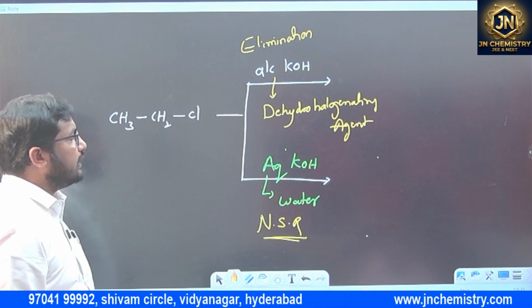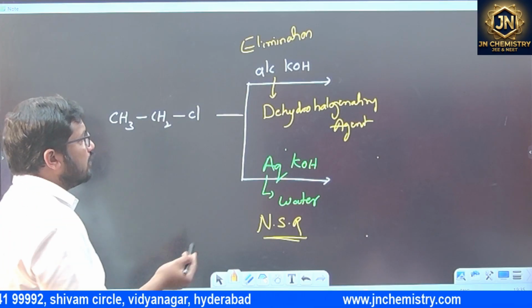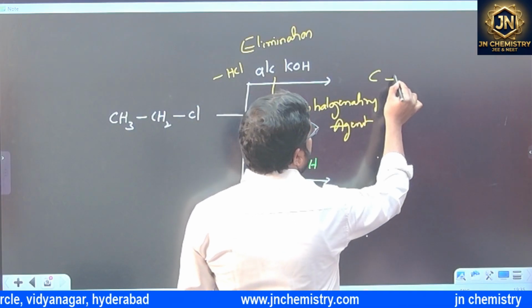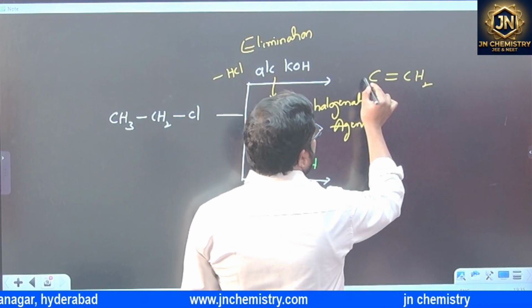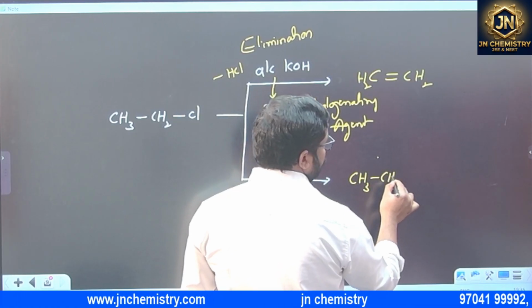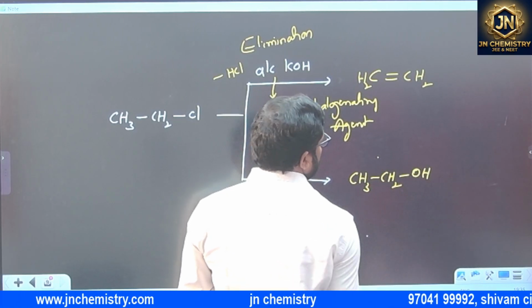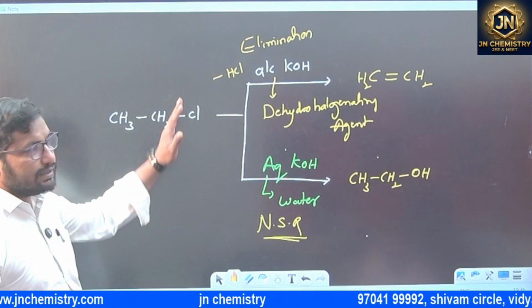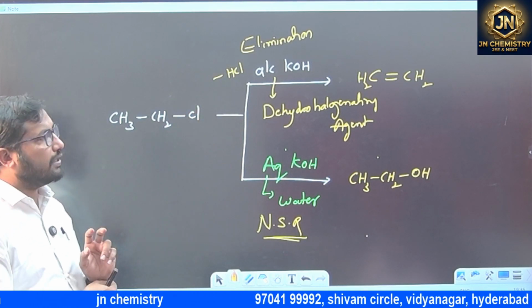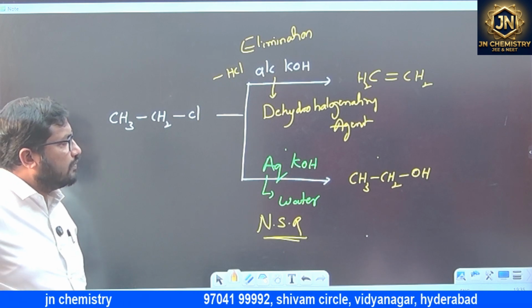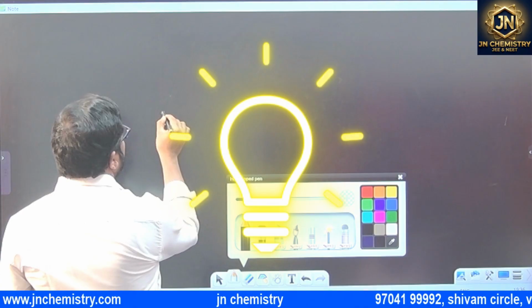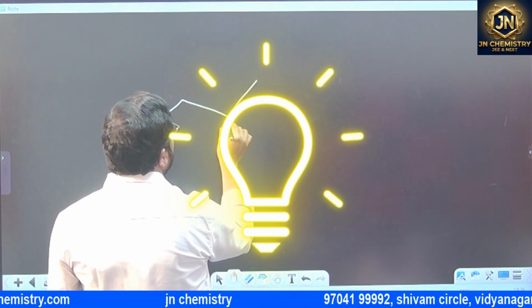Dehydrohalogenating agent means it takes one hydrogen and one chlorine, minus HCl going out, so we'll get an alkene here. And here we will get CH3CH2OH. Don't confuse, that's the reason I'm giving you both at a time: alcoholic KOH, aqueous KOH. Nucleophilic substitution reaction, but not elimination. One more important thing now. For example, here is the chlorine.